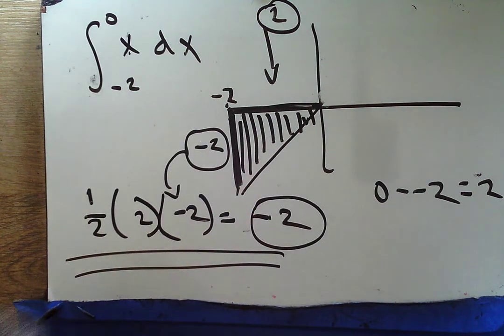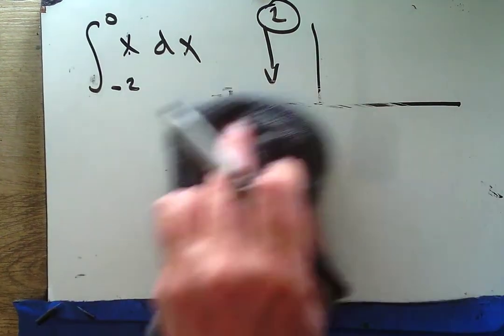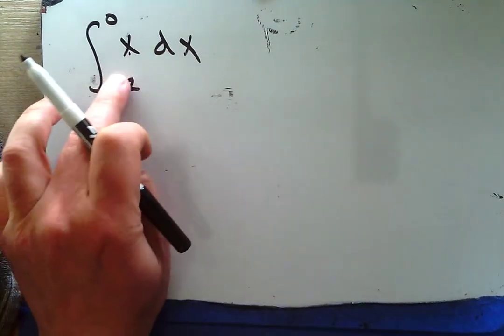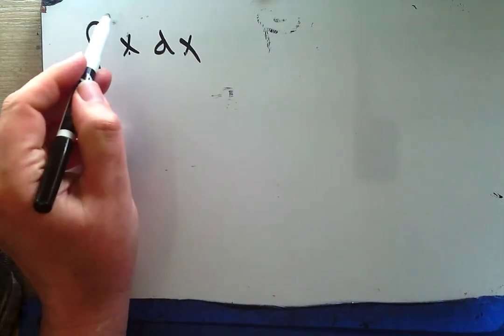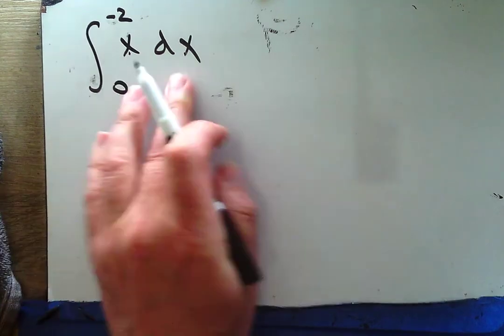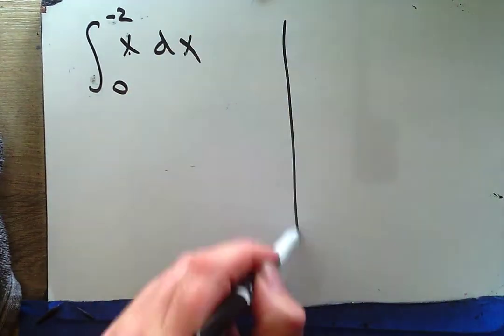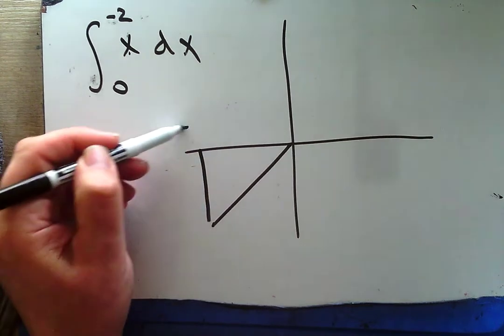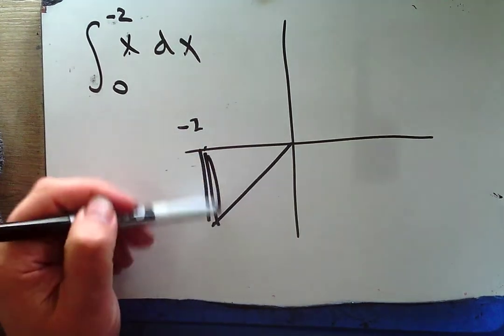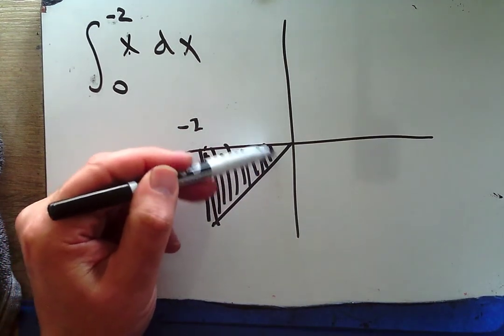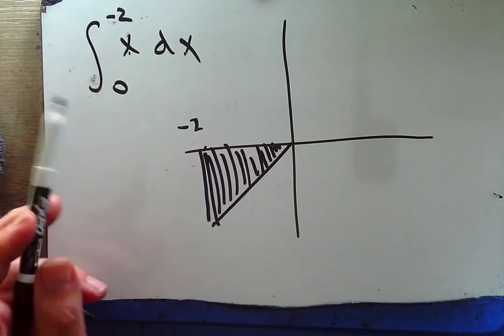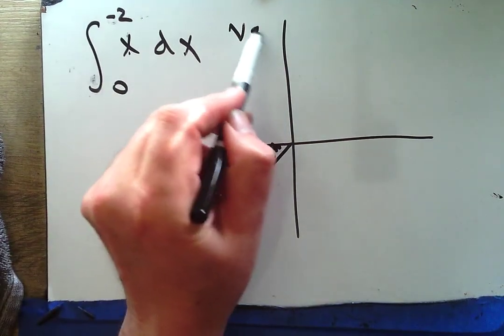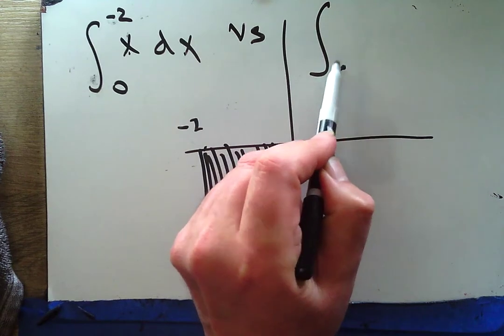Okay, what's next? Oh, hey, what if we did this? I mean, we just saw the picture. And this is what we're trying to find. So how is this problem different from the one we just did?